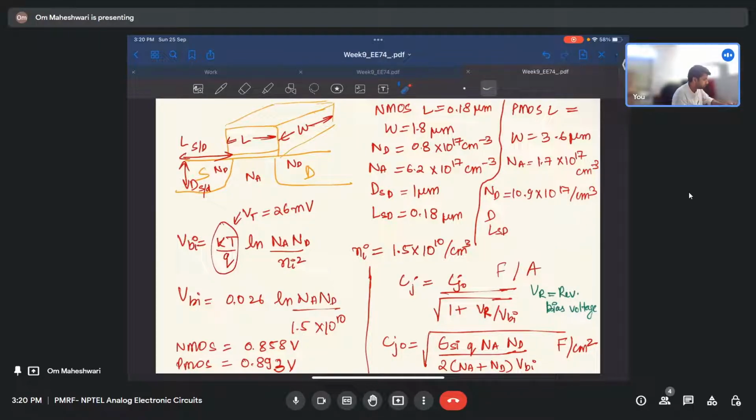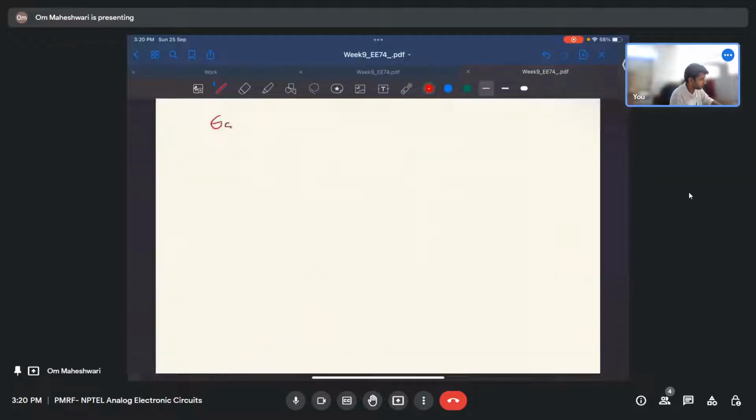And for silicon, what should be the epsilon Si value? Epsilon Si equals 11.8 into 8.85 into 10 to the power minus 14 farad per centimeter.